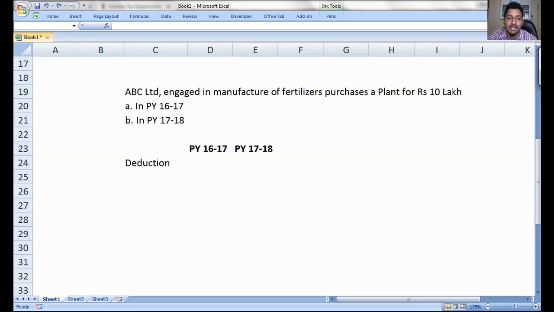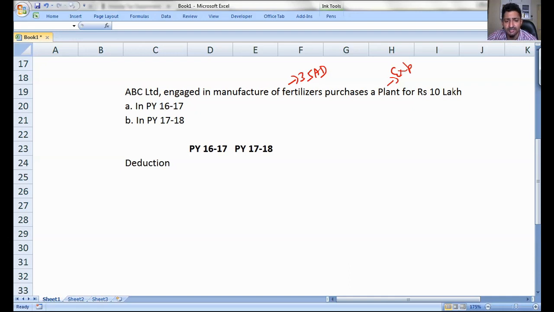Now in this example, ABC Limited, which is engaged in the manufacture of fertilizer, which is a 35AD business, purchases a plant. So they've incurred a capital expenditure towards plant for 10 lakh rupees. And I have given you two cases. The plant was added in 16-17, and the plant was added in 17-18.